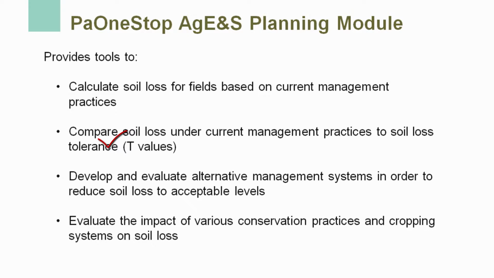If soil loss values are significantly higher than the T values, then PaOneStop allows the user to develop and evaluate alternative management systems in order to reduce soil loss to acceptable levels. The system also allows the user to evaluate the impact of various cropping systems and conservation practices on soil loss.